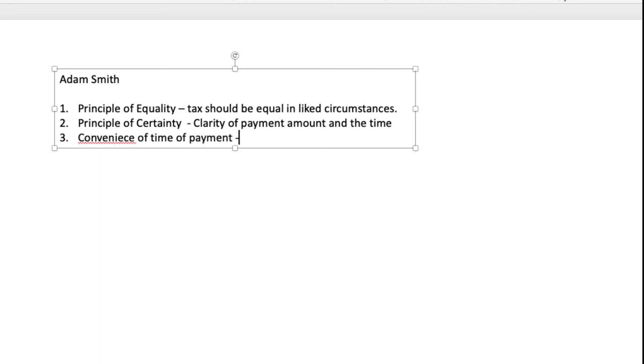The time of payment should be convenient to the assessee. That's why the government is giving extra time with a fine and all. That's why we put it as a financial year, right? Financial year and assessment year.